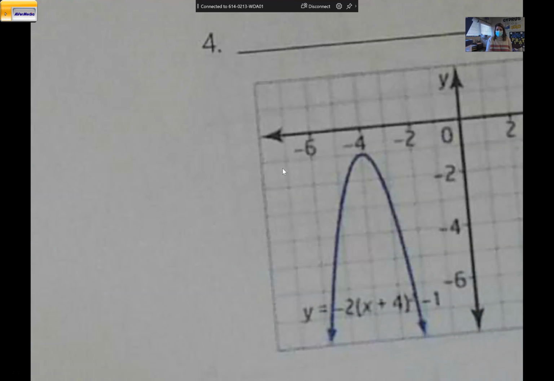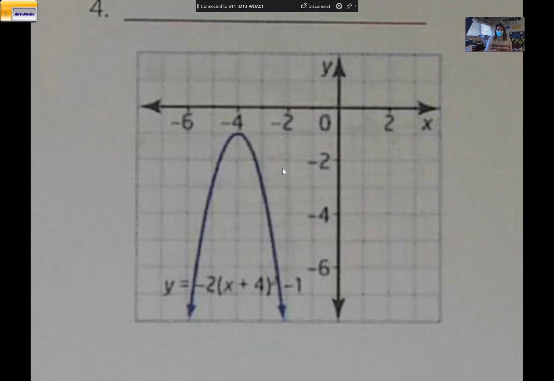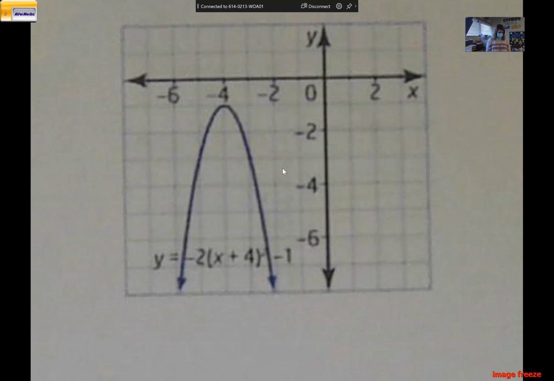I don't like that one. Do this one. This one might seem tricky, but he's not. I promise.